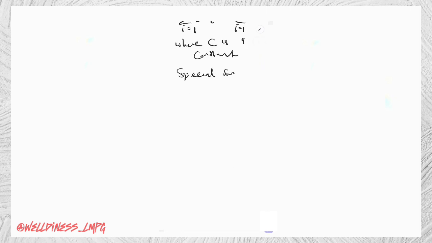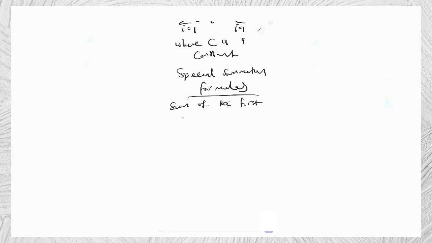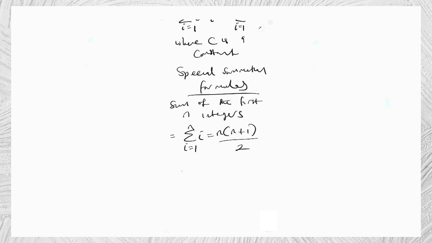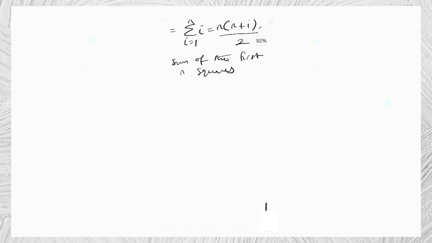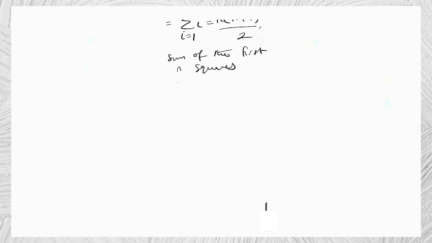We also have special summation formulas. The first one is the sum of the first n integers. For that case, when you have i for i equals 1 up to n, you can write it in the form of n multiplied by n plus 1 divided by 2. Now, the second special summation formula is the sum of the first n squares.